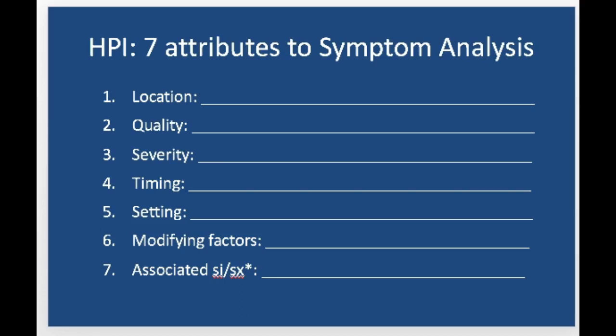Things like that. The timing includes onset, the duration, and frequency. So there's multiple different components of timing, not just when did it start, but how long, what's the duration of the symptoms? It started on Tuesday, but it went away and came back. Does it come back every day after dinner?